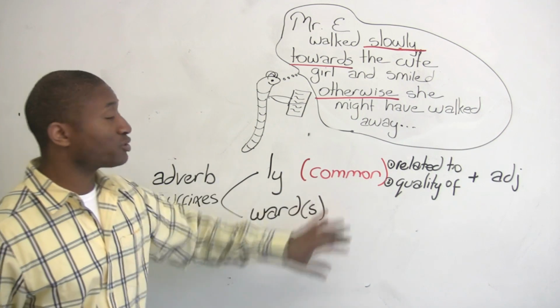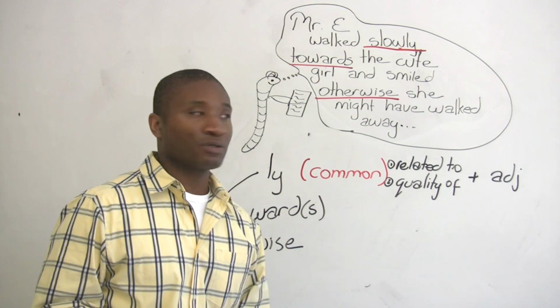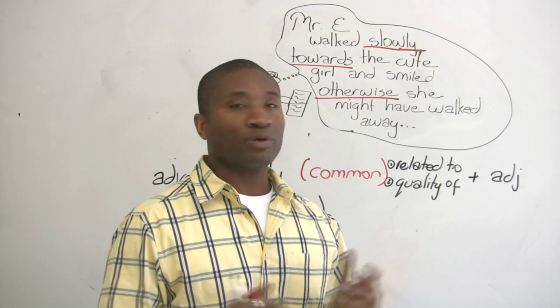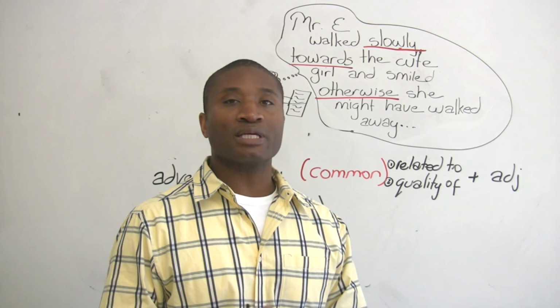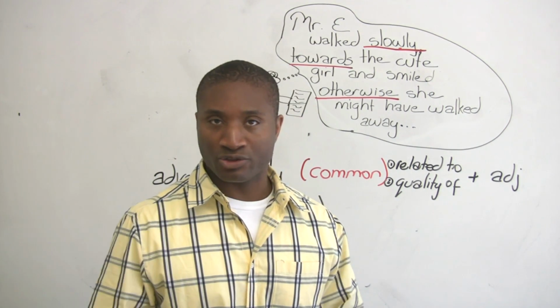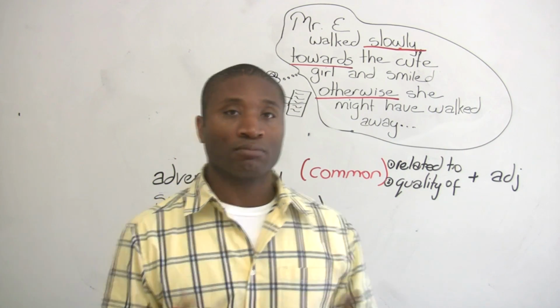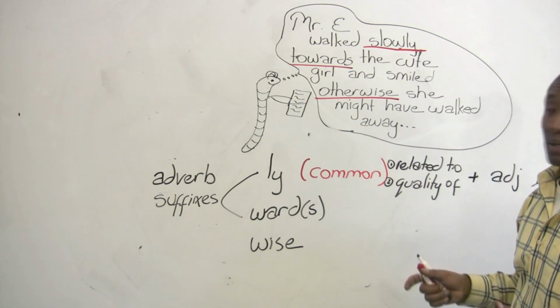So one of the common ones you'll see is ly, and what we usually do is add it to adjectives. She dressed beautifully for the occasion. He is an exceptionally bright student, or intelligent student. The man ran quickly up the hill. All of those are adjectives, like slow, and it's being modified.